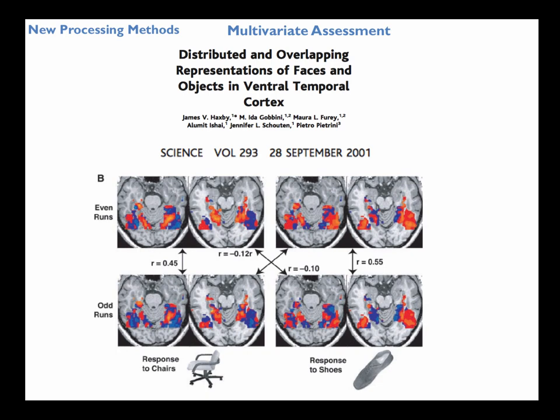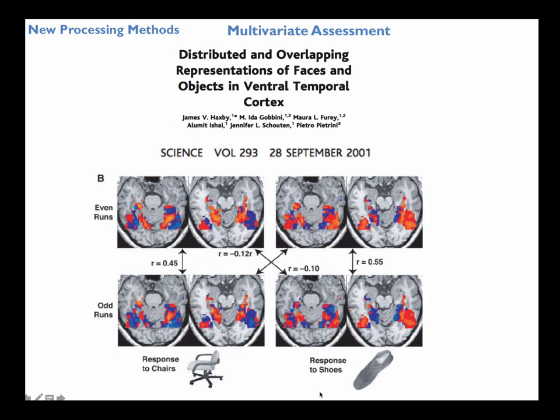So Jim did something really good. He rediscovered multivariate pattern assessment in the context of fMRI. He said, okay, let's just take this pattern, whatever it is. It doesn't look like much, but let's take this activation pattern and split the data in half and see how it correlates with the other half of the data from similar stimuli, and then see how this pattern correlates with data from other stimuli.